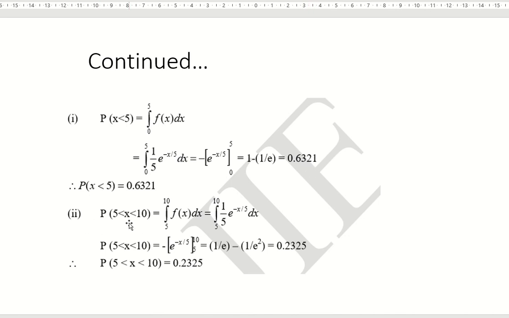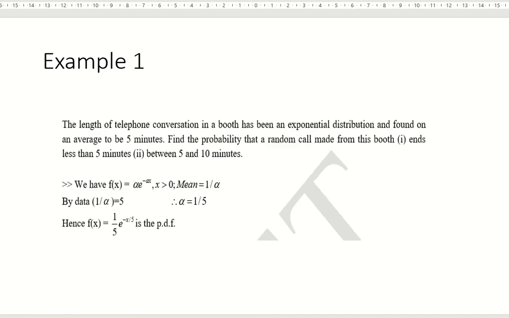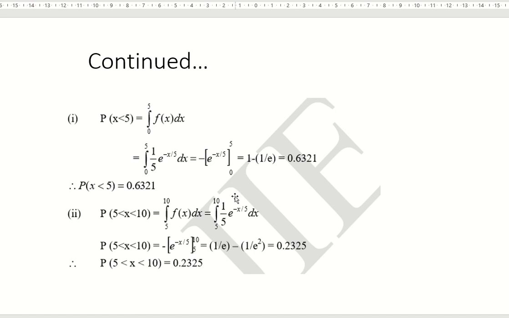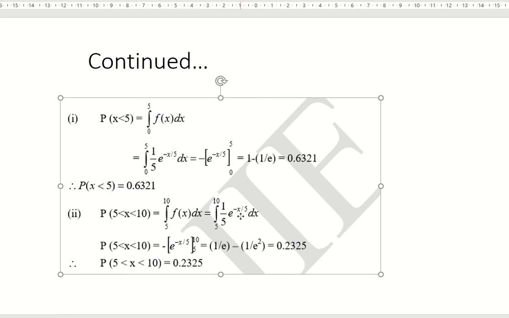Okay, now the second case. What is given? P of x lies between 5 and 10. That is the integral of f(x) dx, with limits from 5 to 10. Again, what is f(x)? 1 by 5 e power minus x by 5 dx, which we gave in the previous slide. Now again if you integrate, 1 by 5 keep out. Integration of e power minus x by 5 is e power minus x by 5 divided by minus 1 by 5.